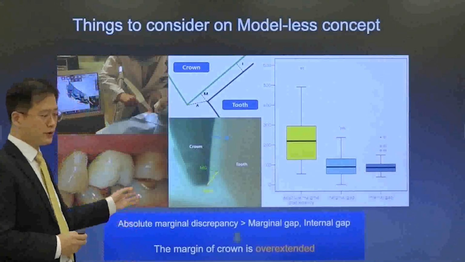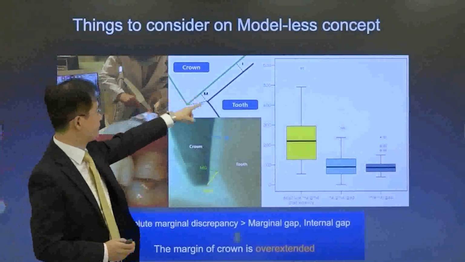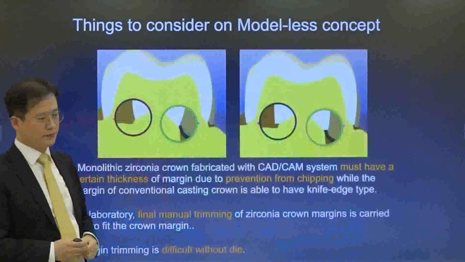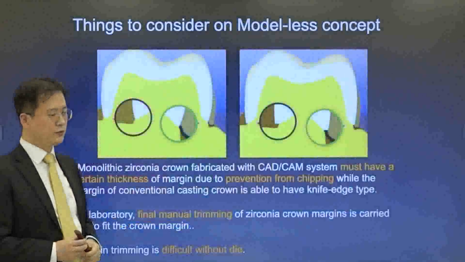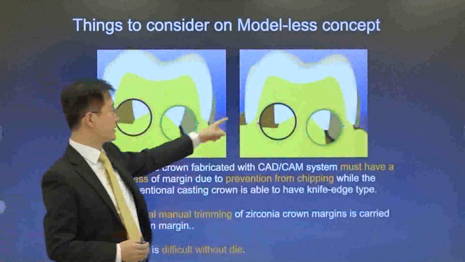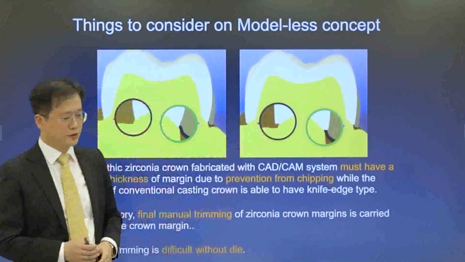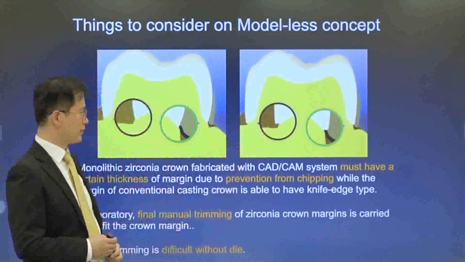The margin of the crown is often overextended, like this. You can see the overextension pattern in the figure at the right side. It is an overextended or over-contoured restoration.